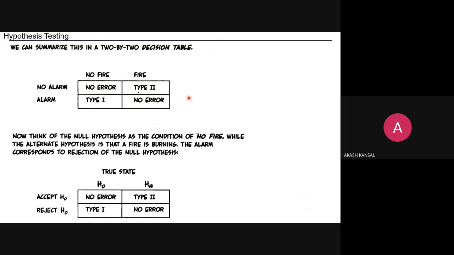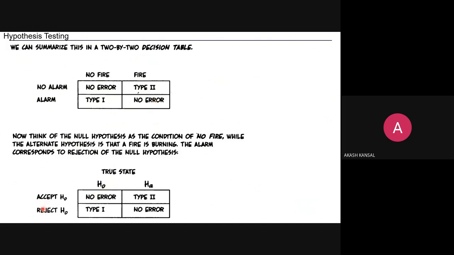You can think of the null hypothesis as the condition of no fire, while the alternate hypothesis is that a fire is burning, right? The alarm corresponds to rejection of the null hypothesis, right?